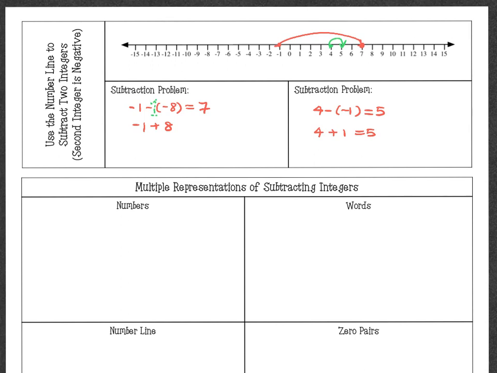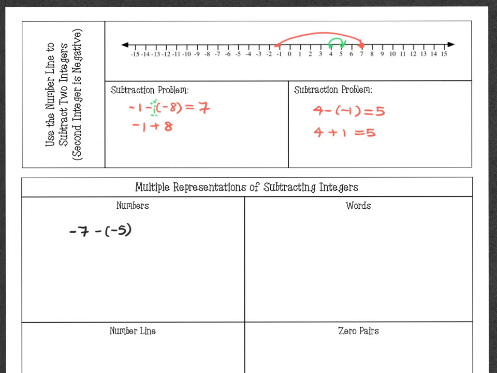For the next section of the page, see if you can solve this problem by yourself: negative 7 minus negative 5. Solve it by numbers, find an example in words, and use the number line. If you know how to do the zero pairs, you can go ahead and do it. If not, you can ignore that.